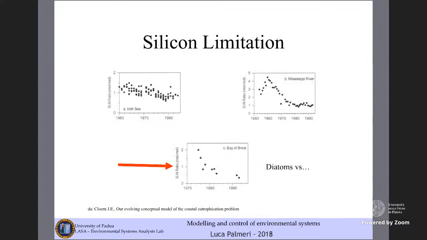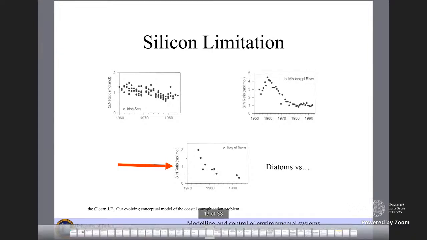There are some examples of silicon limitation. In these cases, we are plotting here the ratio silicon over nitrogen as a function of time. For example, these are three systems. This is the Irish Sea. This is the Mississippi River.